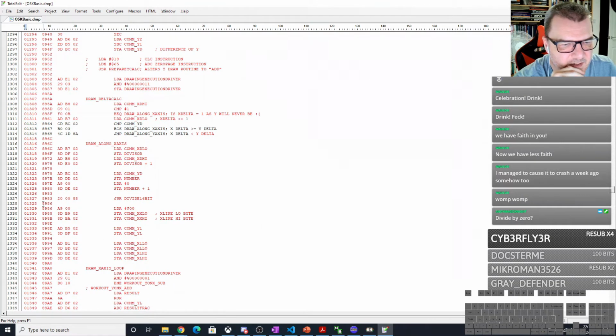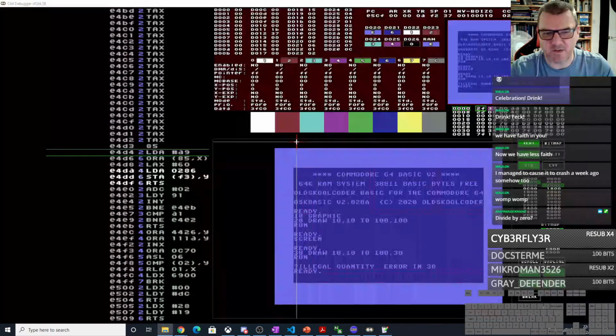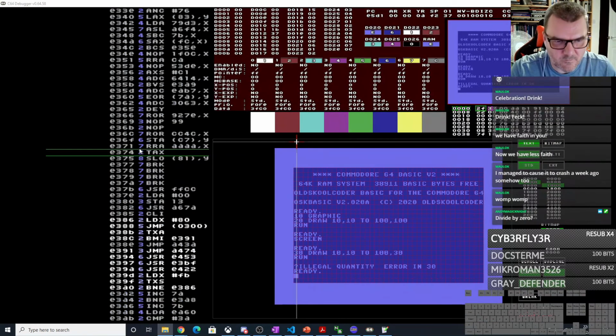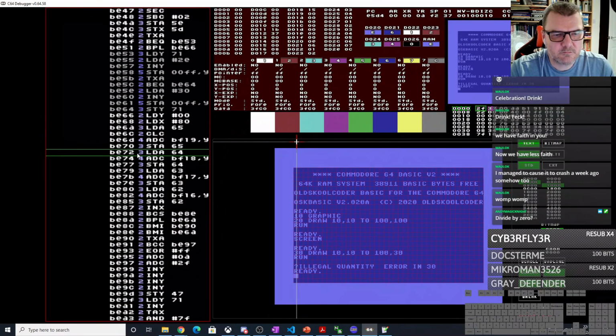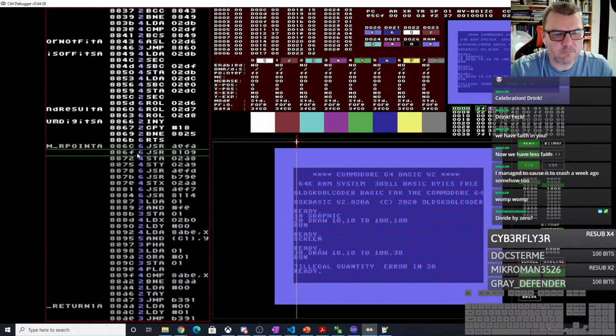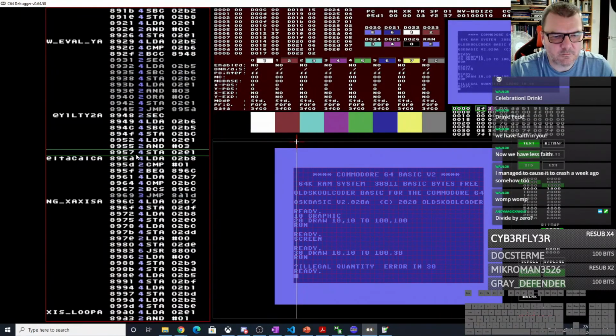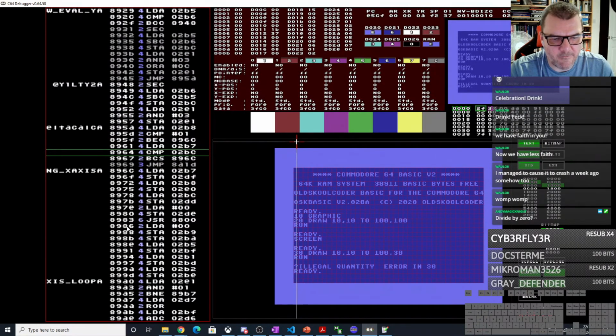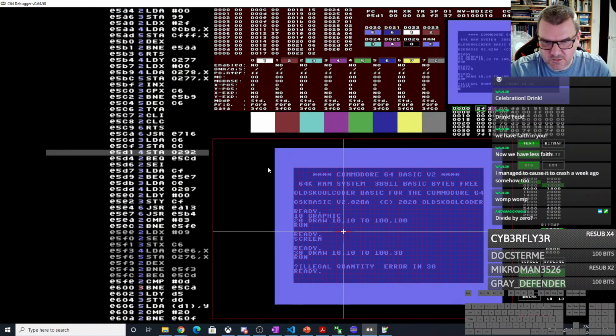So there, I want the breakpoint to be at 8986. Just minimize that. There. So that's after it's done the divide. But we'll put a breakpoint before it because we can check.